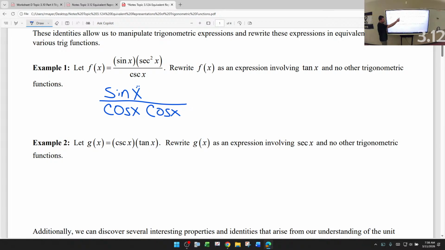I got a cosecant on the bottom, and a cosecant on the bottom means I can put that on top and make it a sine, because cosecant is 1 over sine. If it's already on bottom, I can put it on top; if it's on top, I can put it on bottom, just with the reciprocals. That would put a sine up here.